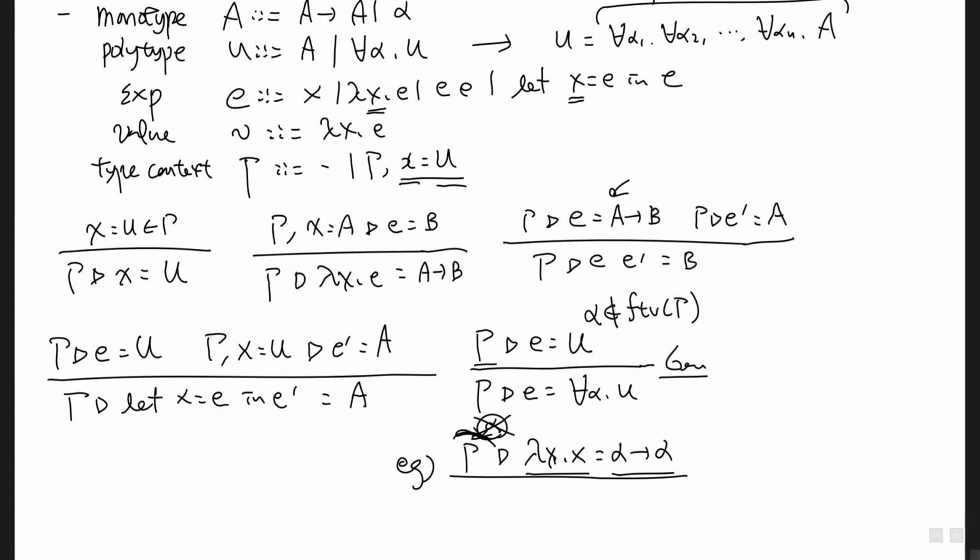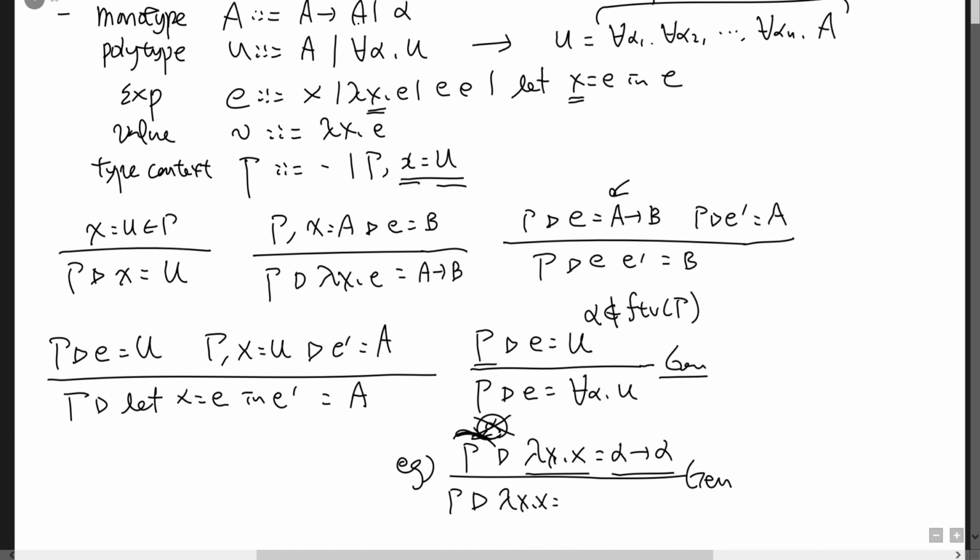But that means that it actually has a polytype. You can assign a polytype to this lambda abstraction. So in this case, you can apply this generalization rule and deduce it has type for all alpha, alpha arrow alpha. That's an example of applying this generalization rule. Notice that alpha should not be found in typing context gamma as a free type variable.